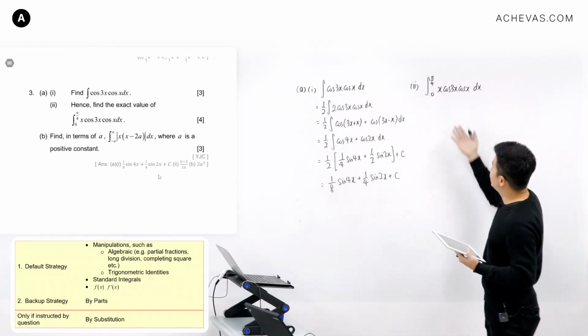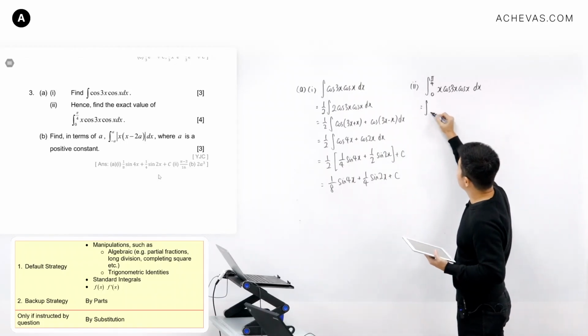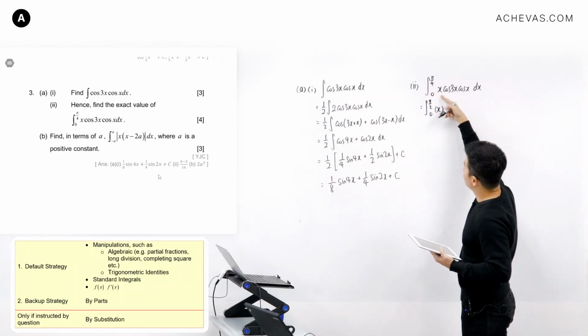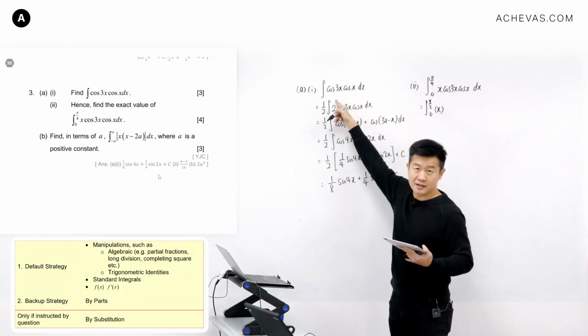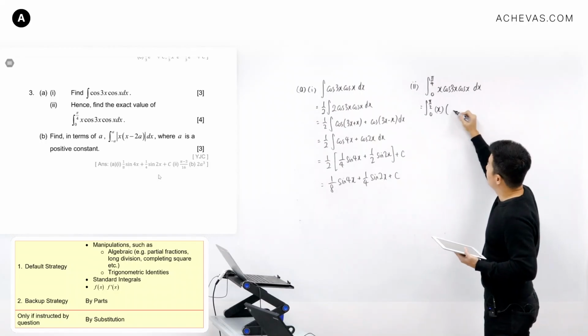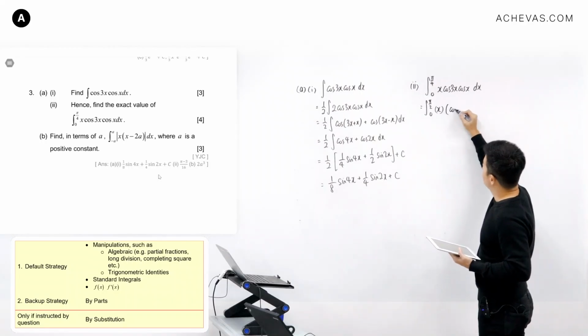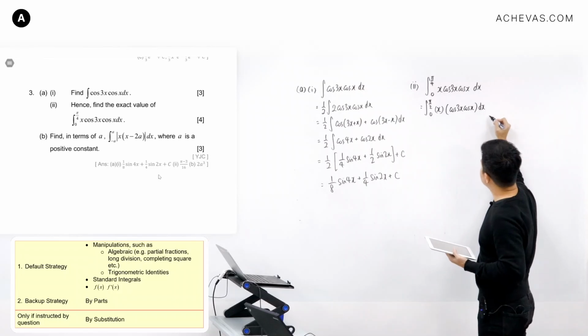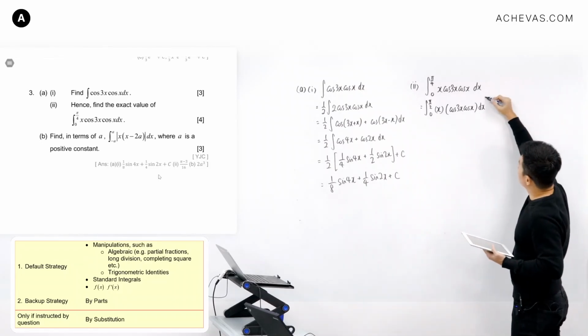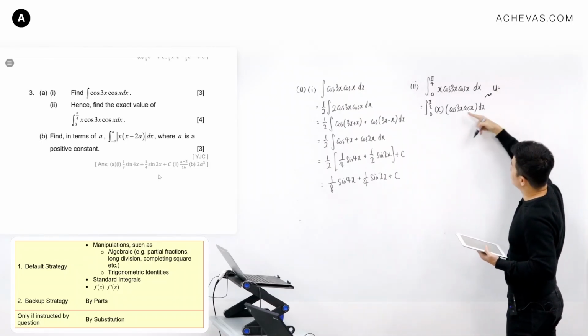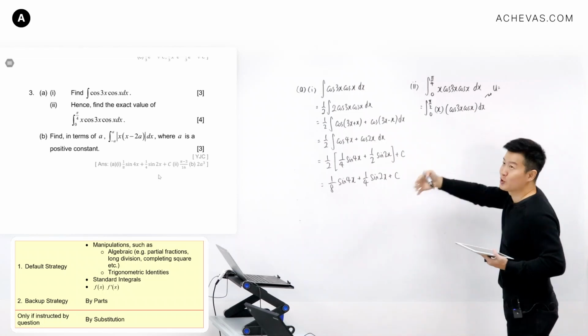So we are going to be dividing this into two parts. Let me just rewrite it, although it is not very necessary. But I'm going to try to have an x and this to be the other part of the expression. So we have a cosine 3x cosine x dx, which means that I'm going to be getting u to be the one that is not so integratable.